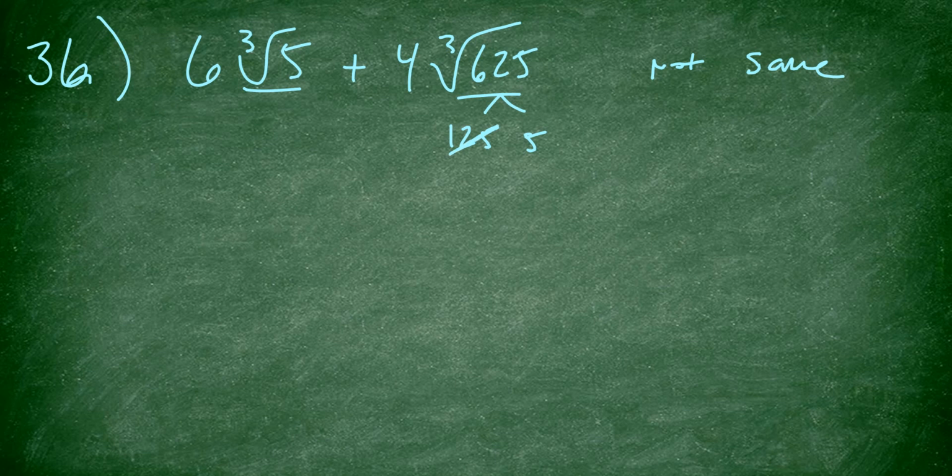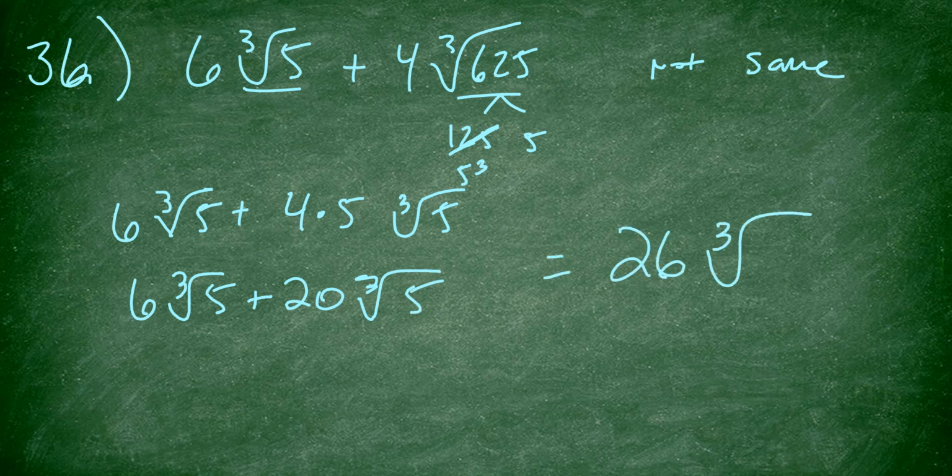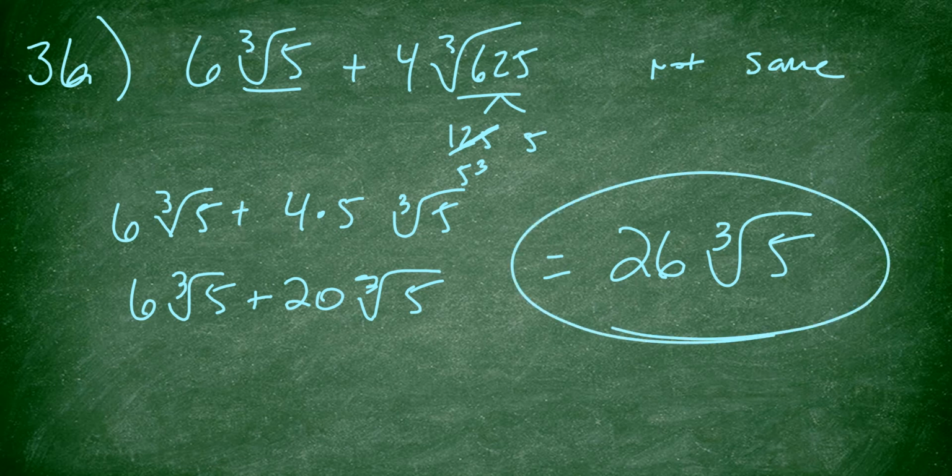It leaves the jail as 5 because it's 5 cubed. So I'm going to have 6 cube roots of 5 plus 4 times 5 cube roots of 5. So this 125 turned into that 5. 6 cube roots of 5 plus 20 cube roots of 5. I end up with 26 cube roots of 5. And that's it for 36.